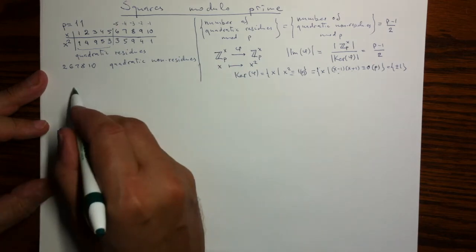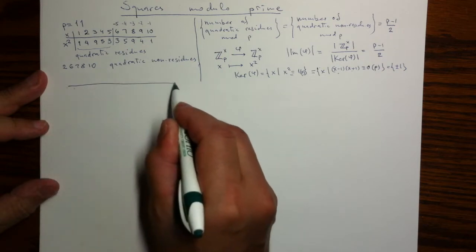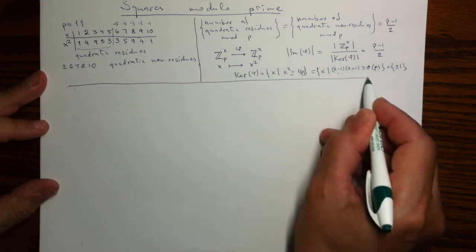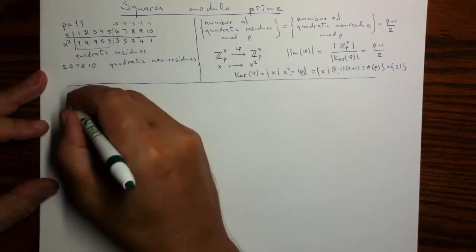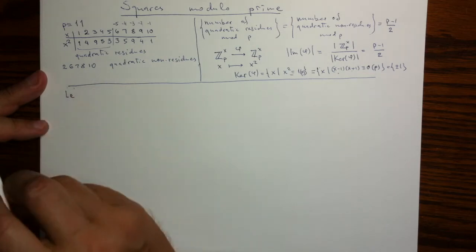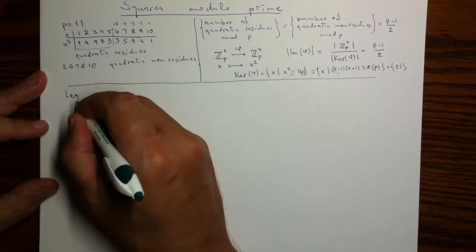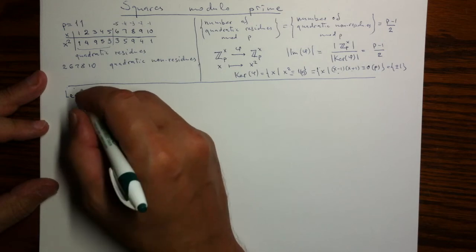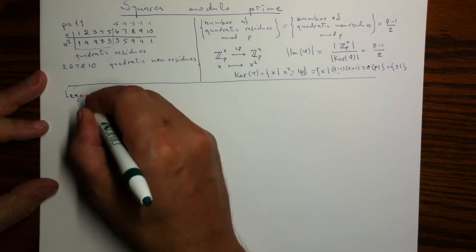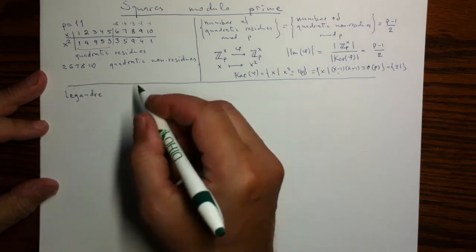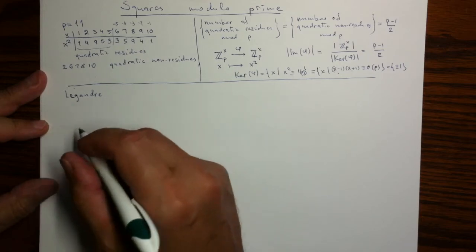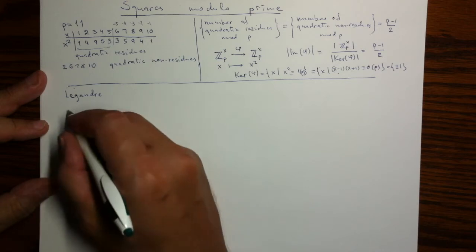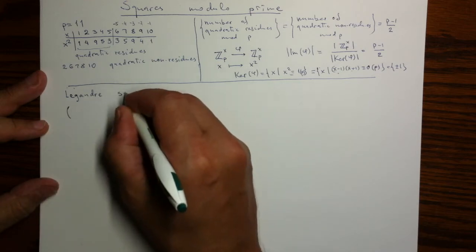Since the question of whether a number is a square or not is binary, obviously a yes or no question, it is convenient to encode it, and it was done by Legendre. It is convenient to encode the answer to this question in a binary function, which is called the Legendre symbol.